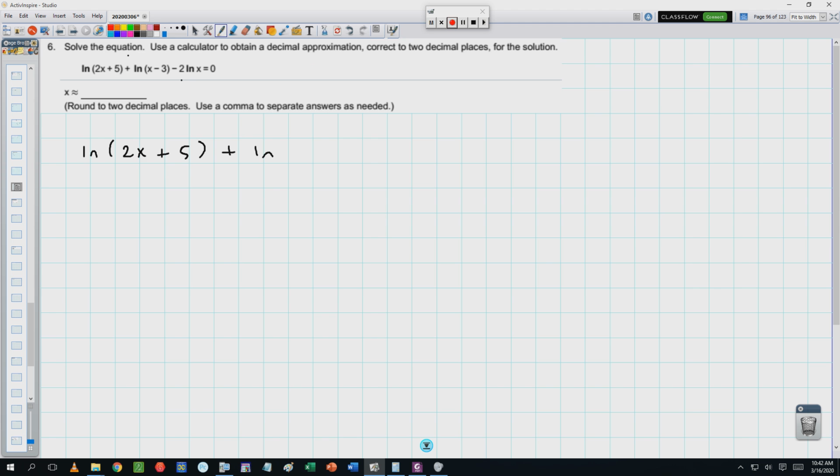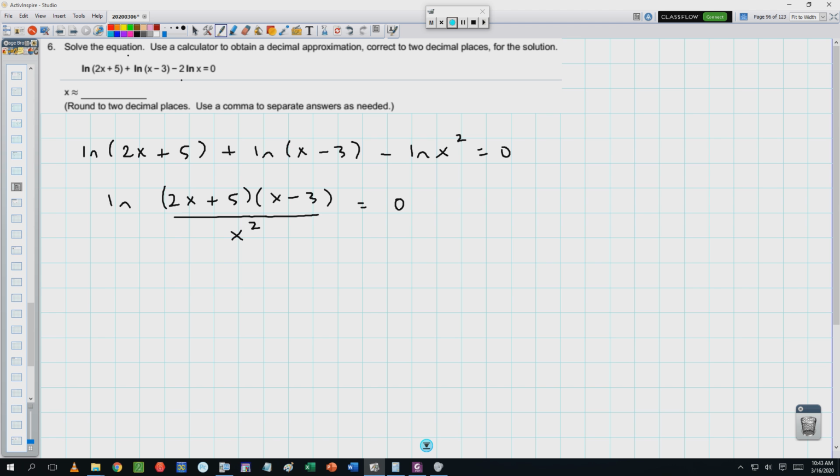Anything on the outside, please move them back in as powers. Combine. Anything that is positive, no matter where it is, goes to the top of a fraction. Anything that is negative, no matter where it is, front, end of the problem, you put it on the bottom.